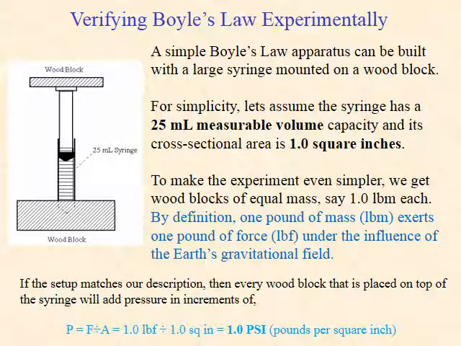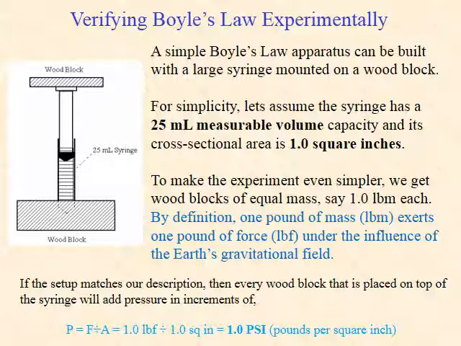Boyle's law can be verified using a simple apparatus, consisting of a large syringe mounted on a wood block. For illustration purposes and simplicity, let's assume the syringe has a 25 milliliters measurable volume capacity and its cross-sectional area is 1.0 square inches. To make the experiment even simpler, we get wood blocks of equal mass, say 1.0 pounds each.